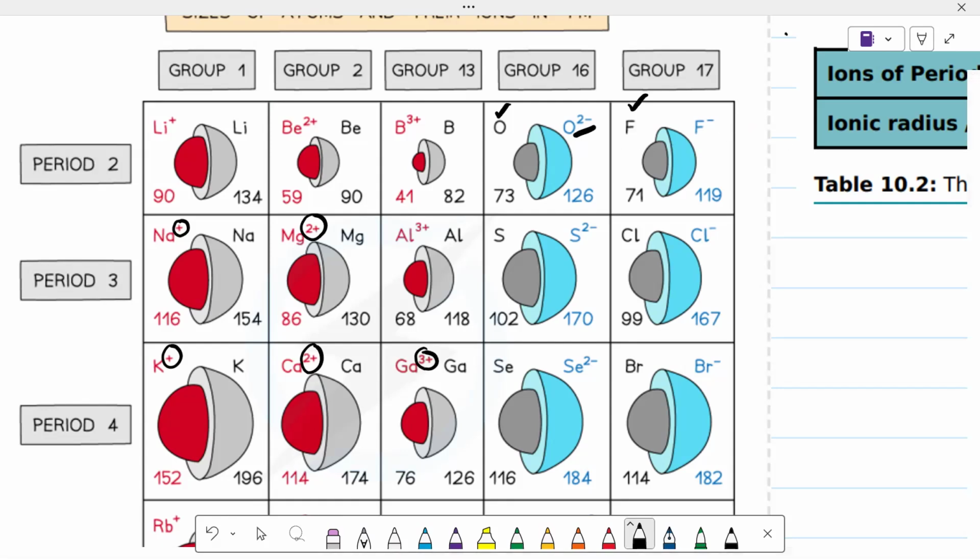But now when we talk about the anions, what happens with the atomic radii of the anion? When the positive charge increases, it decreases along the group.